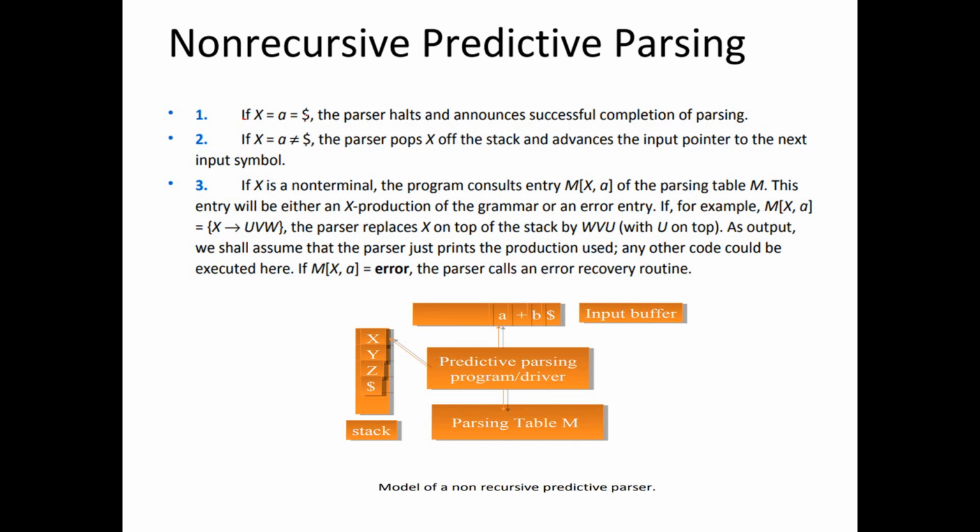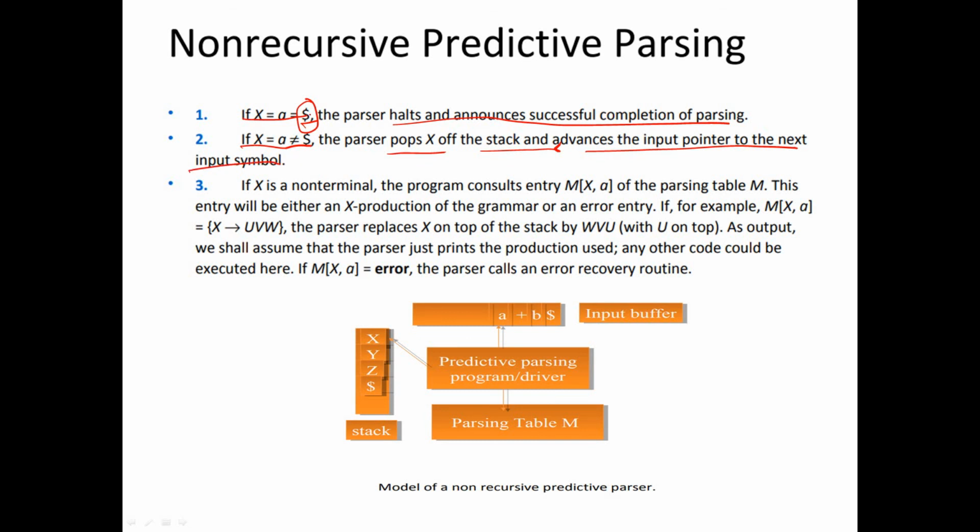First one: if X equals a equals dollar, dollar indicates the end of the string, so the parser halts and announces successful completion of the parsing. If X equals a and is not equal to dollar, the process is still going on, then the parser pops X off the stack and advances the input pointer to the next input symbol.